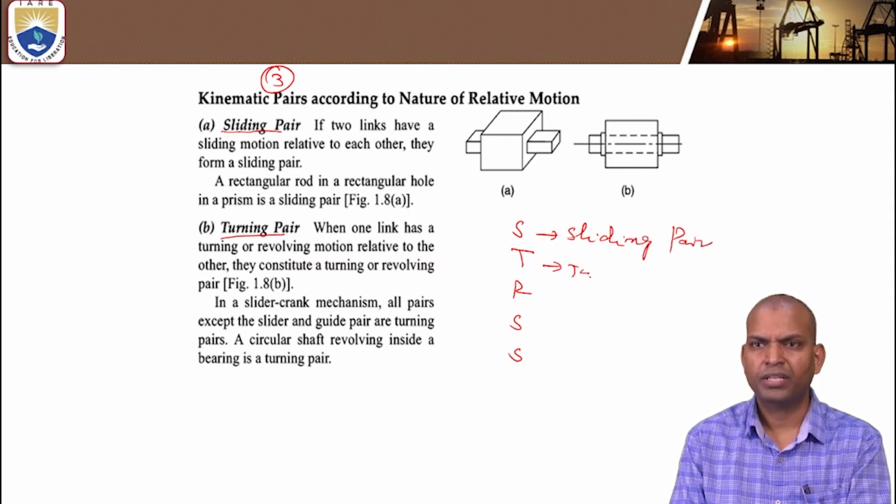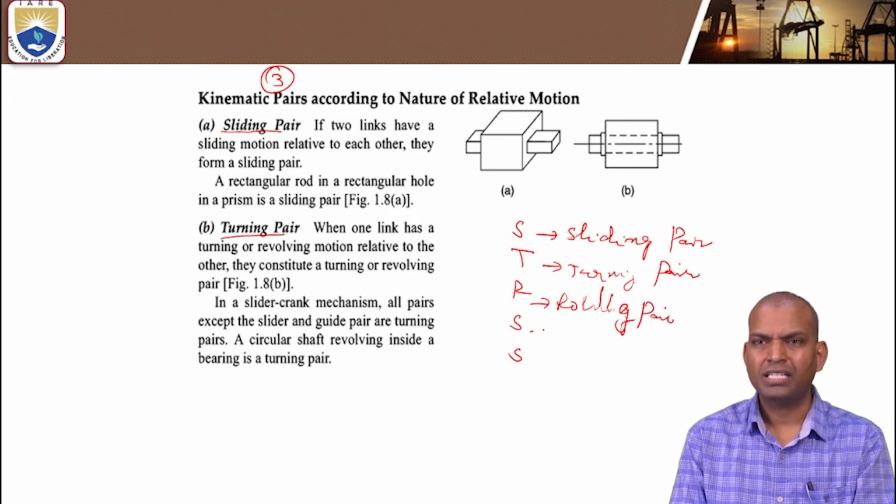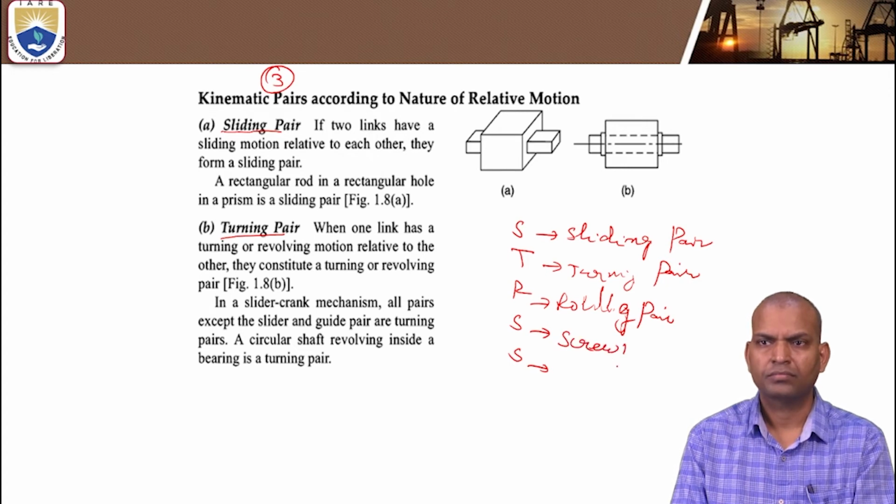T, turning pair. What is R? Rolling pair. What is S? Screw pair. What is the other S? This is spherical pair.